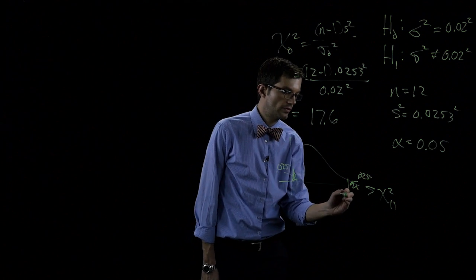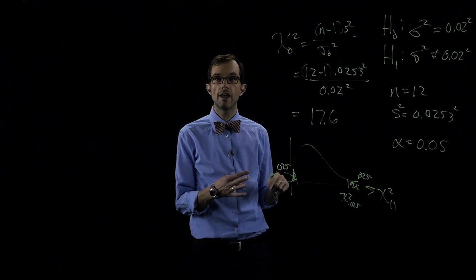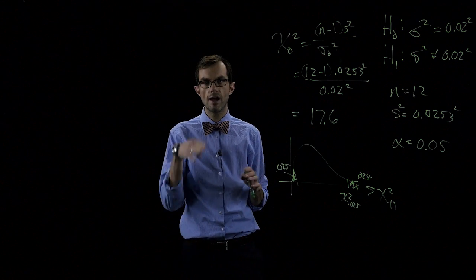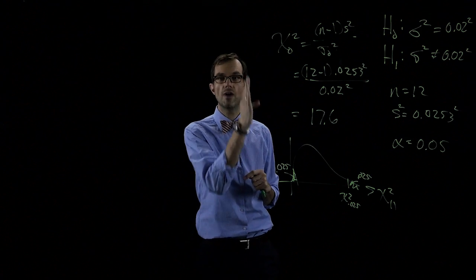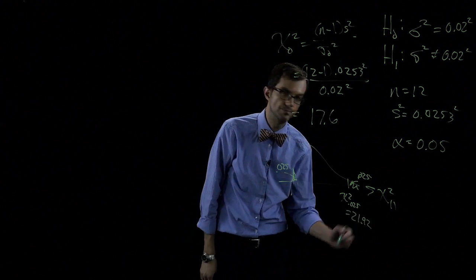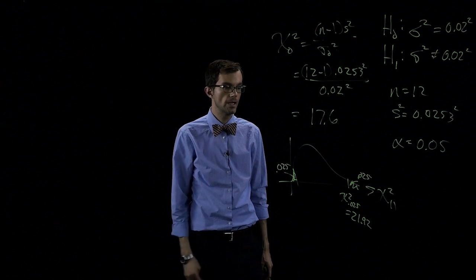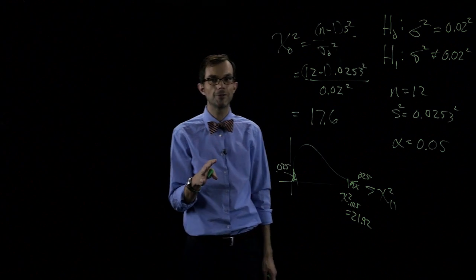This chi-square 0.025, degrees of freedom 11. If we go look that up in the table, very straightforward to find. Go down to the degrees of freedom 11 row, over to the 0.025 in the upper tail column, and we get 21.92.